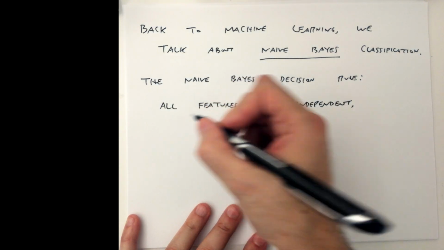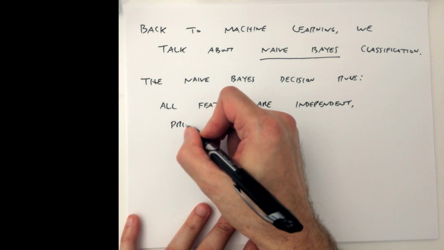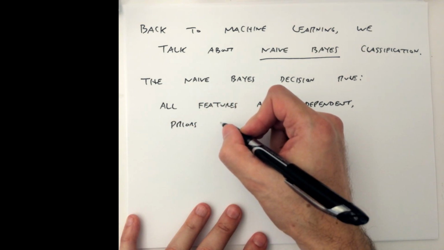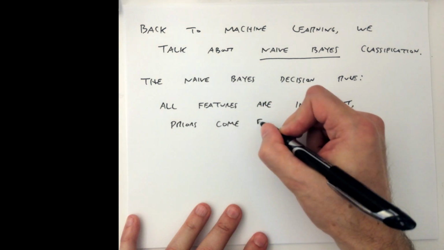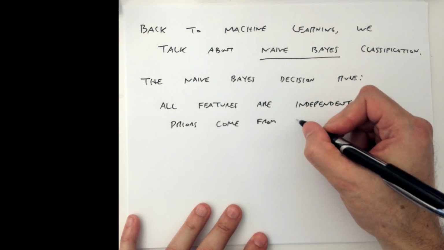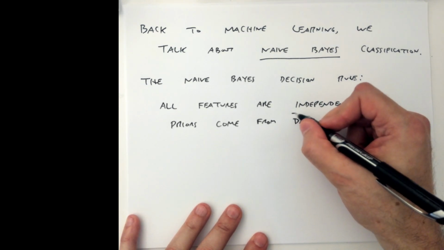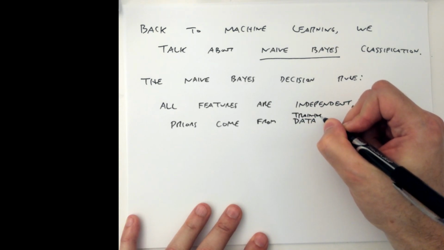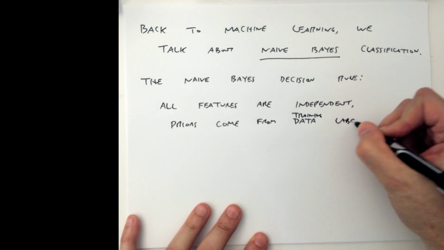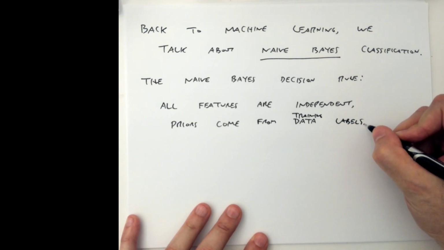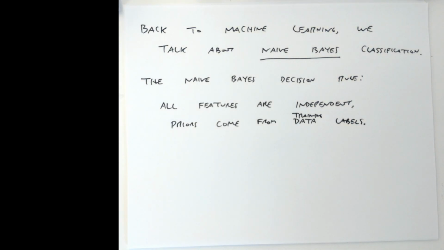and you can also say that the priors come from the training data labels, right? So say, for example, I've got a 10-dimensional feature, similar to what you did in homework number 1, right?